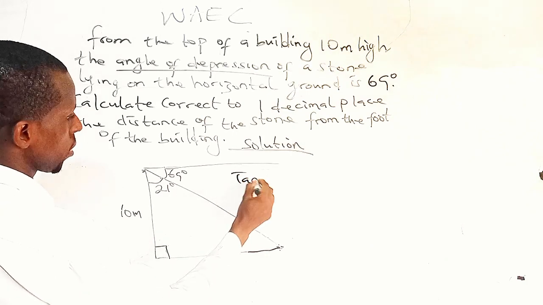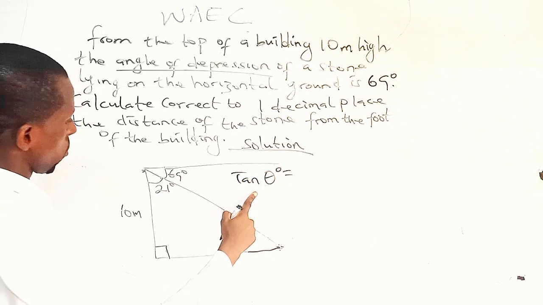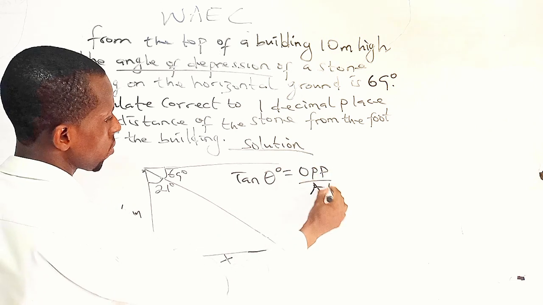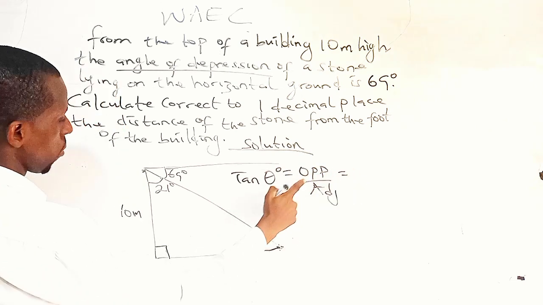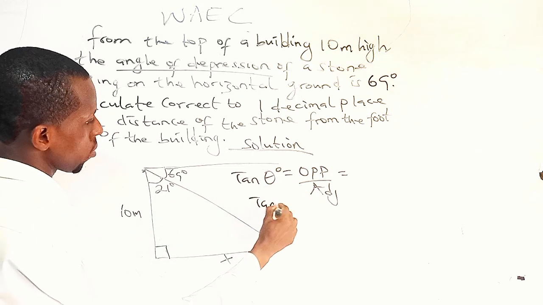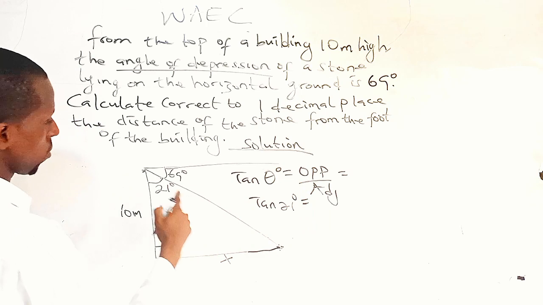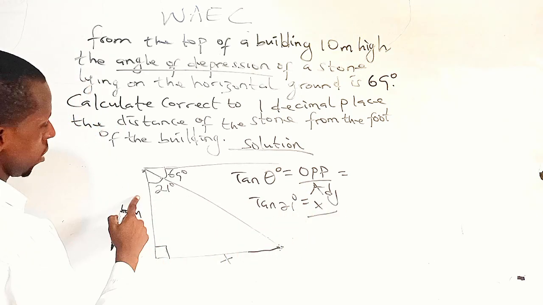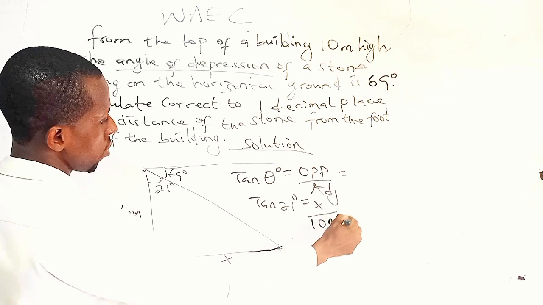Now we can apply it here. Tan theta is opposite over adjacent, so tan 21 degrees equals opposite, which in this case is x, the distance we are looking for, over the adjacent, which is 10 meters.